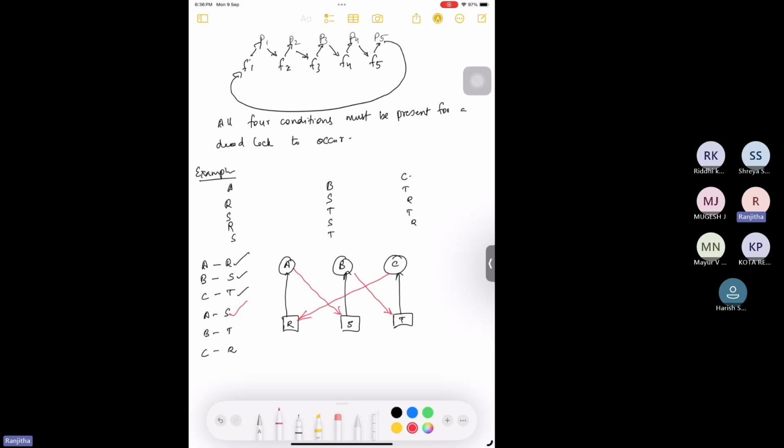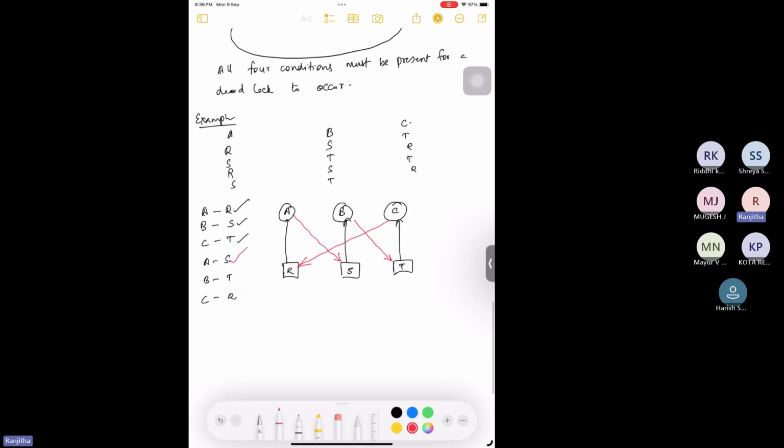We can see a cycle here, like this, like this, like this, and then back to the place where we started.